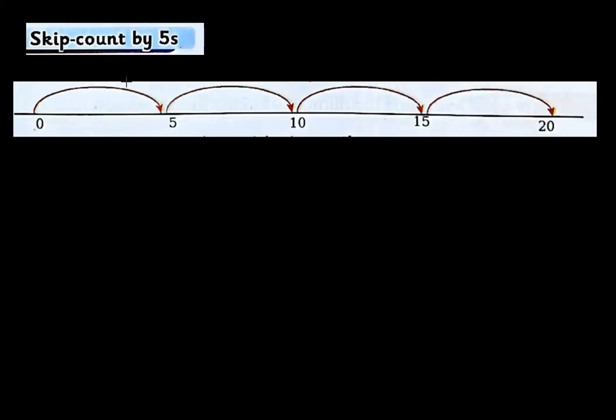Skip count by 5s. Between 0 and 5 there are 1, 2, 3, and 4. We don't say these numbers, we just say 0, 5, 10, 15, 20. I whisper the numbers from 1 until 4, and then I say 5, 10, 15, 20.